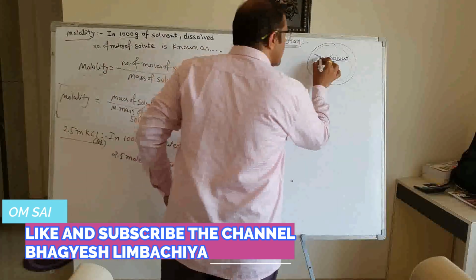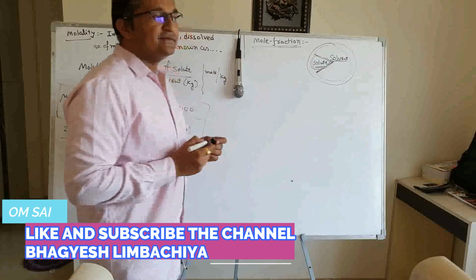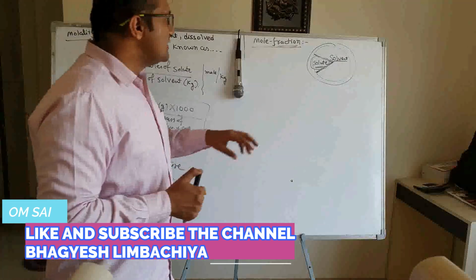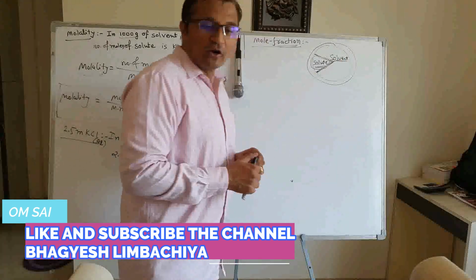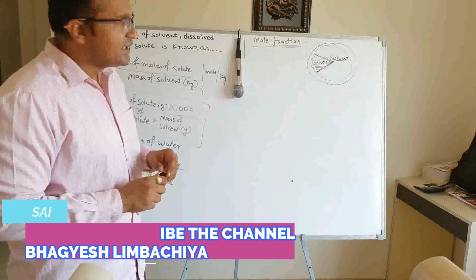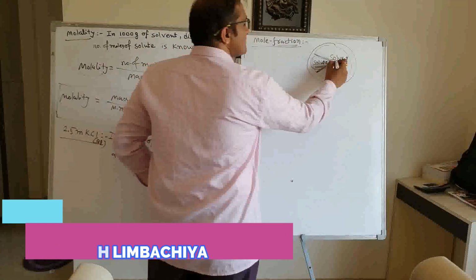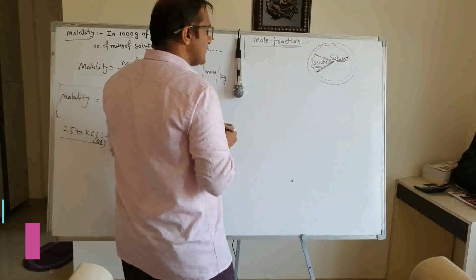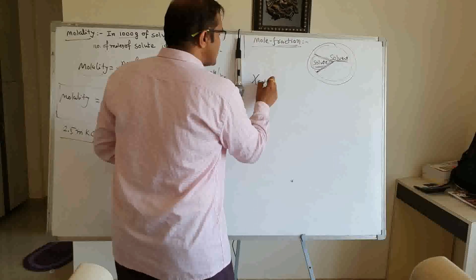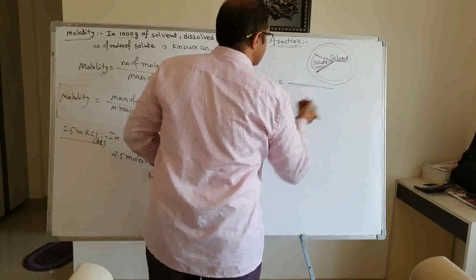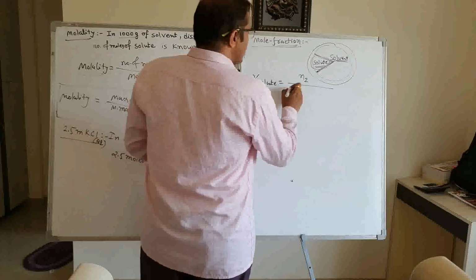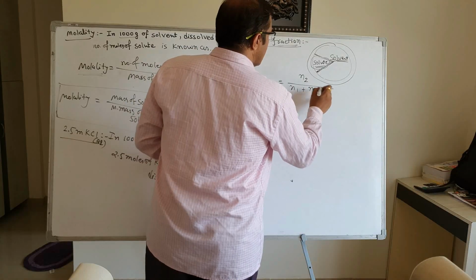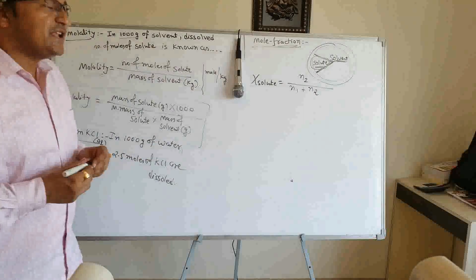Then how much part of solute is occupied in the solution is known as mole fraction of solute, and how much part of solvent is occupied in the solution is known as mole fraction of solvent. So mole fraction of solute is the number of moles of solute divided by total moles of solute and solvent.